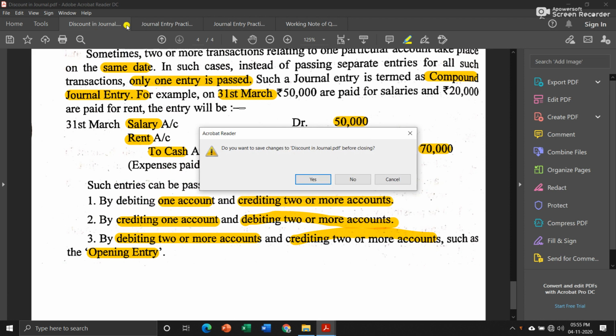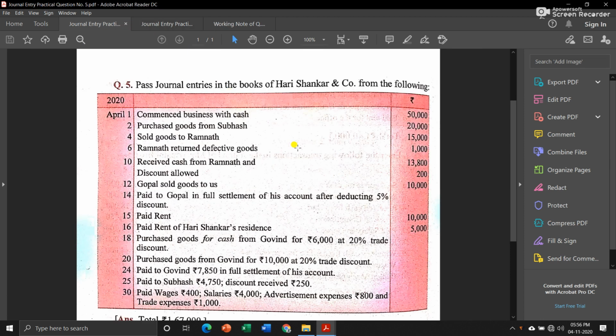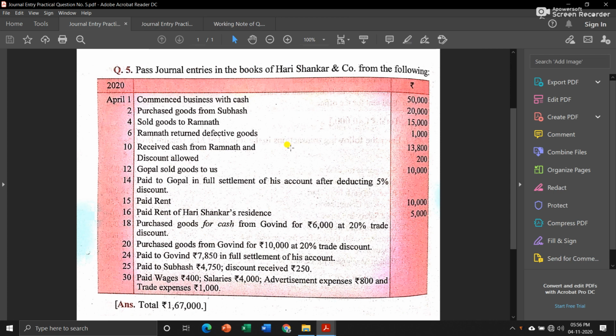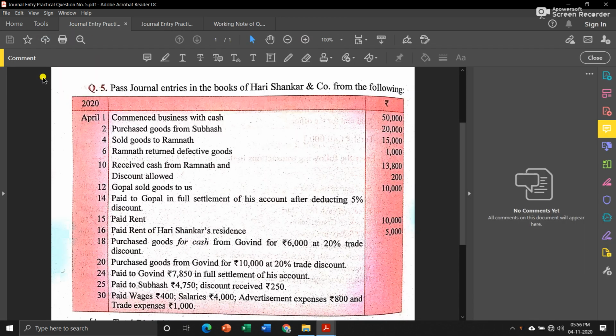Now let us see one question. The question that I have taken is question number 5 from your book. This is practical question number 5. In this question there are certain points that we have earlier discussed, so we will be focusing on those points.